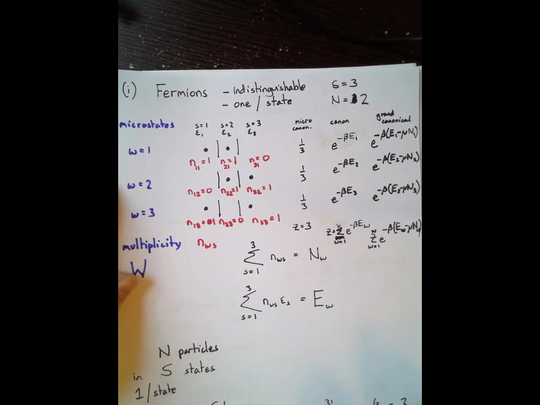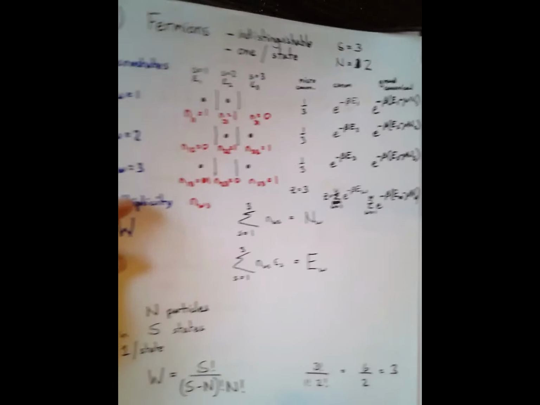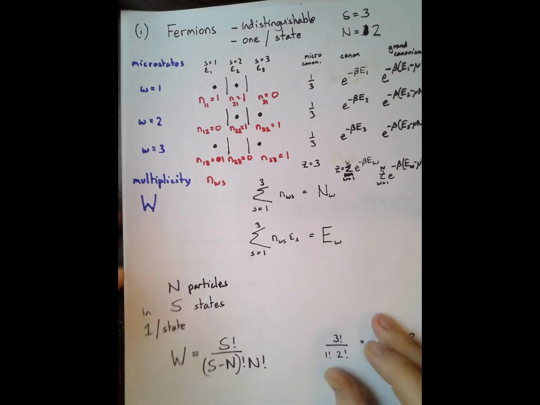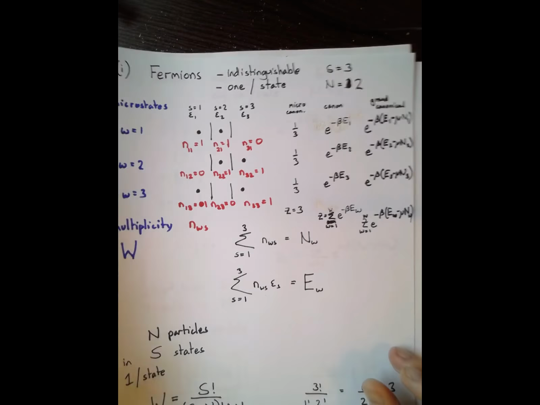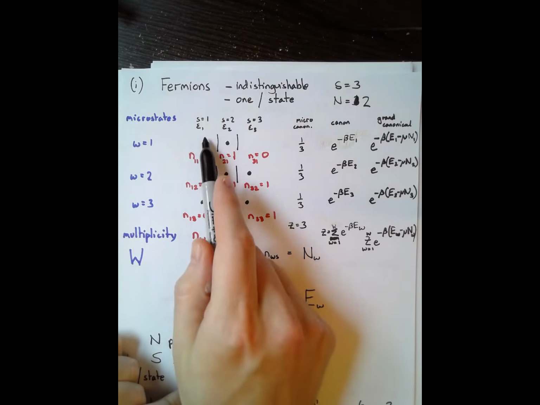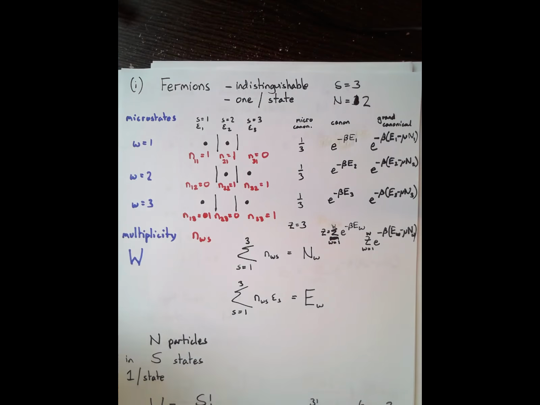We've had a look at the statistics of counting states in each of these cases, and I'd like to now derive the distribution functions. The distribution functions are just the functions that tell me, on average, at a given temperature, for a given chemical potential, for a system, what is the average number of particles I would find in state 1, the average number in state 2, the average number in state 3, and so on.